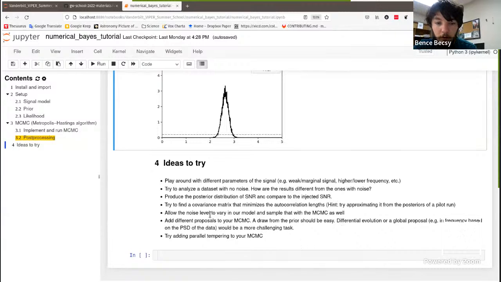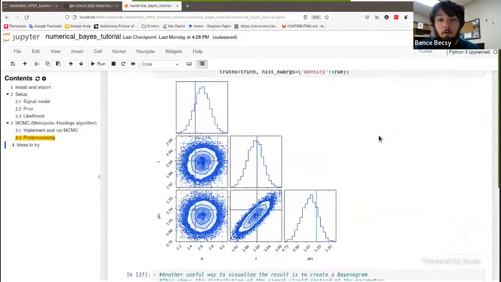What else? You can also play around with the covariance matrix. One thing that might be interesting to try is that instead of the diagonal one, you can try to approximate the covariance matrix from the results of a pilot run, right? We've seen in these posteriors that there's definitely correlation between these two parameters.